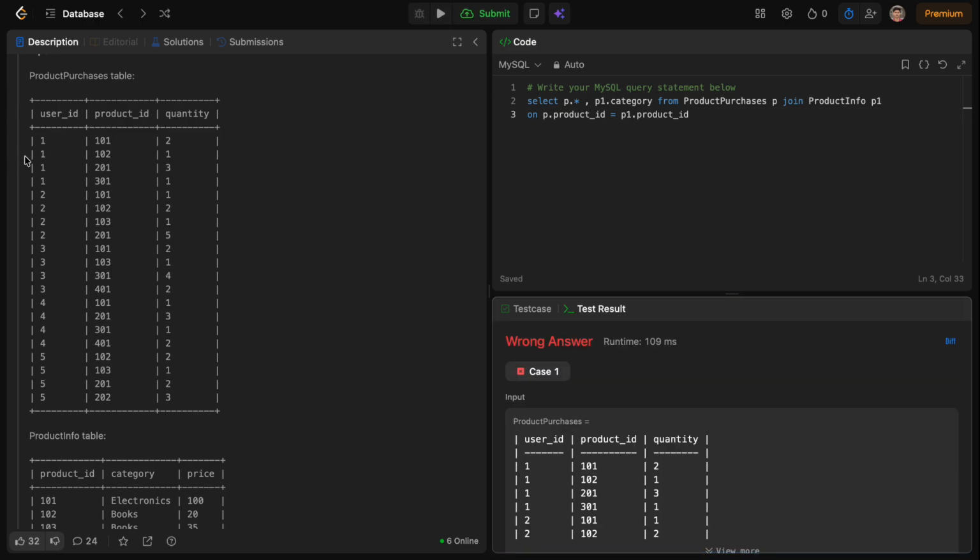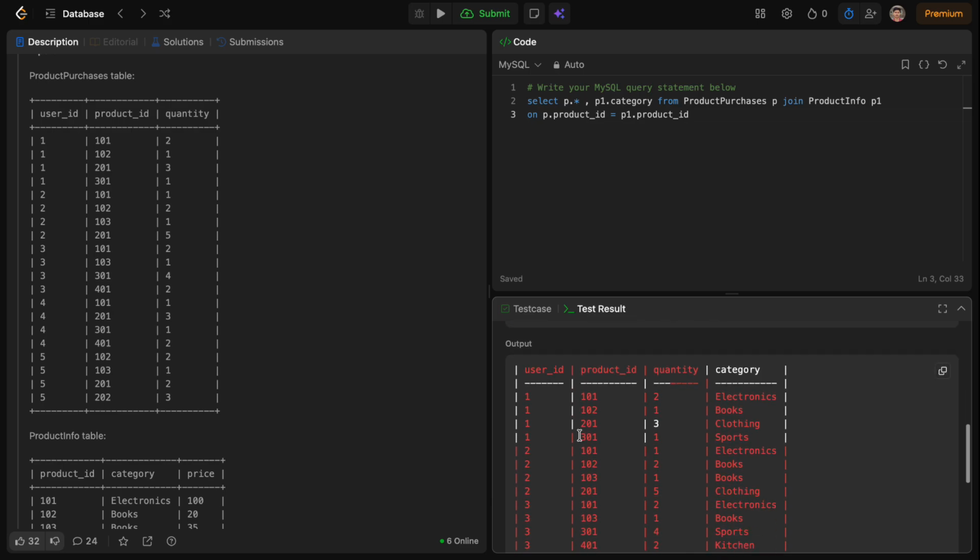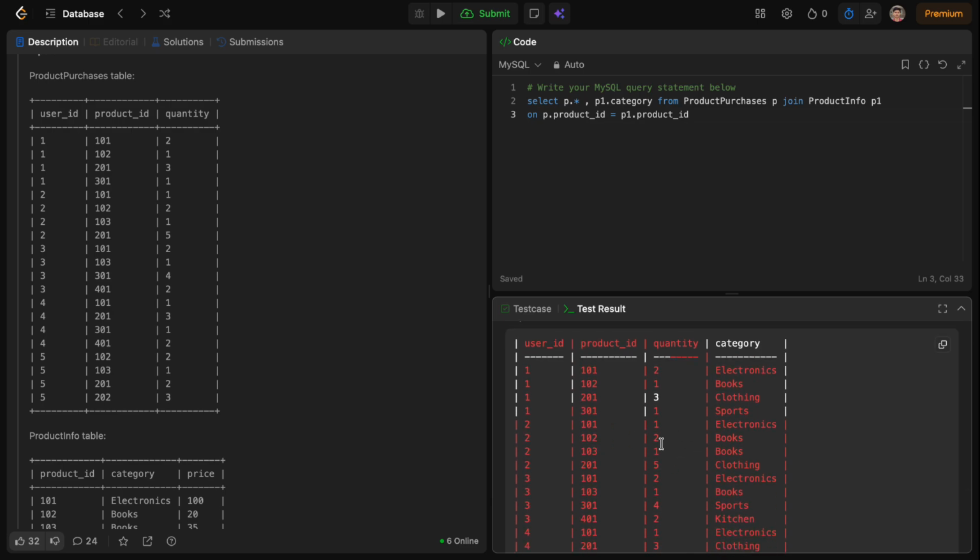We get the user ID, product ID, quantity and the category.